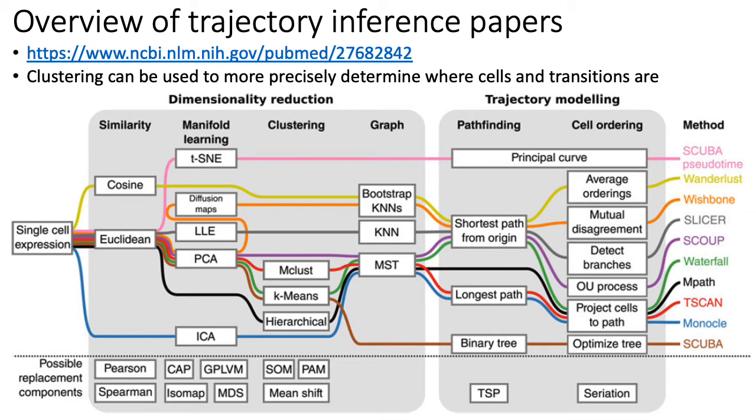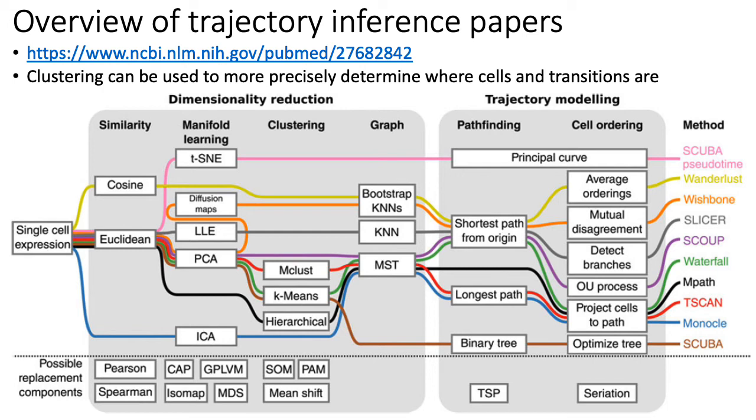But this figure here is just to illustrate how some of the more popular trajectory inference approaches work, because they can be boiled down to a few different choices that need to be made. Most trajectory inference methods work by performing an initial step of dimensionality reduction to reduce noise in the data.